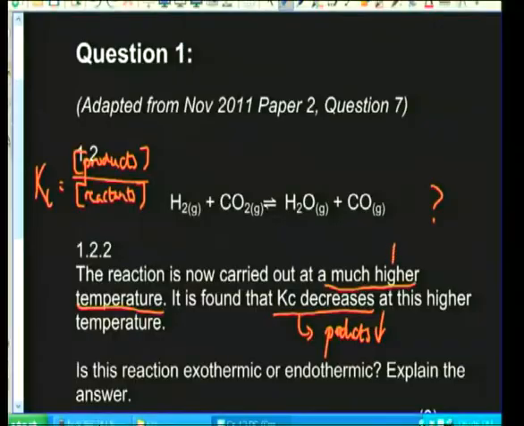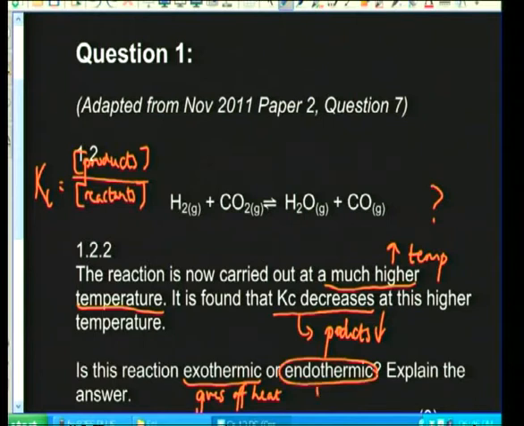There are less products at this higher temperature. And I'm just jotting that down for myself, higher temperature. Is this reaction an exothermic or an endothermic reaction? Exothermic, you're thinking it gives off heat. Endothermic, you're thinking it takes up heat.